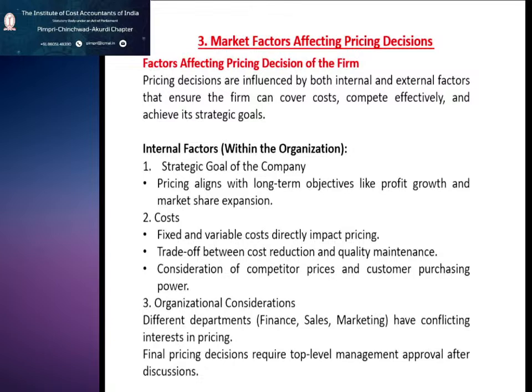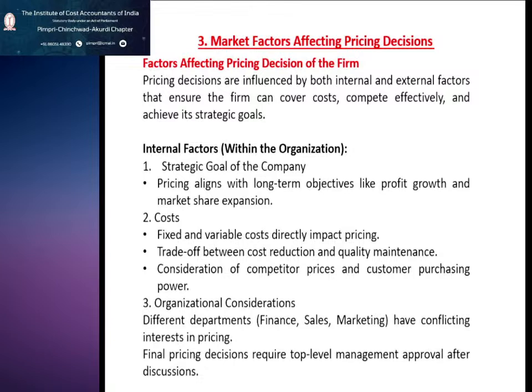And the third internal factor which is normally impacting pricing decision is the organizational considerations. One, different departments like finance, sales, marketing have conflicting interests in pricing. So they in a way influence the pricing decisions that are taken by the firm.